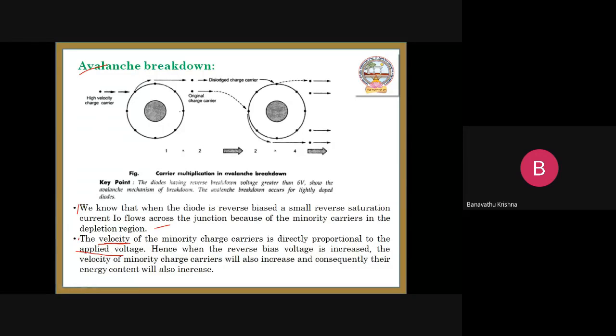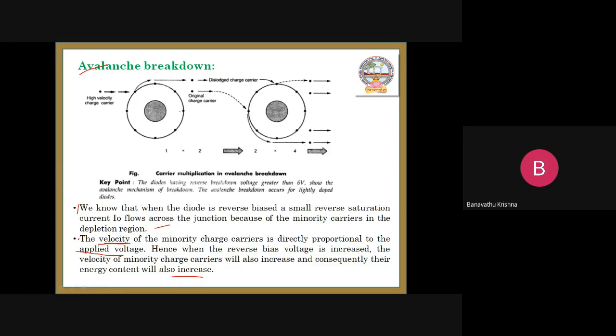If your applied voltage increases, the velocity of the charge carrier increases. Hence, when the reverse bias voltage is increased, the velocity of the minority charge carrier also increases, and consequently their energy content also increases.